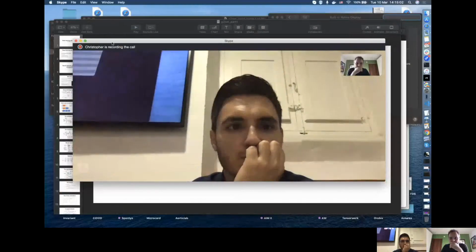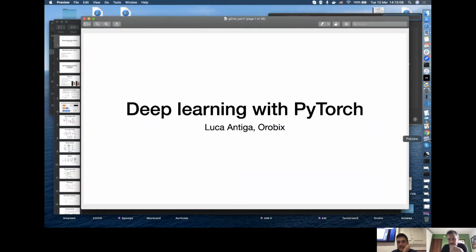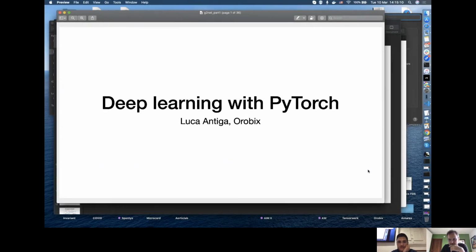Where is screen sharing now? Screen share, okay. Start sharing. Okay, we can see the details now.